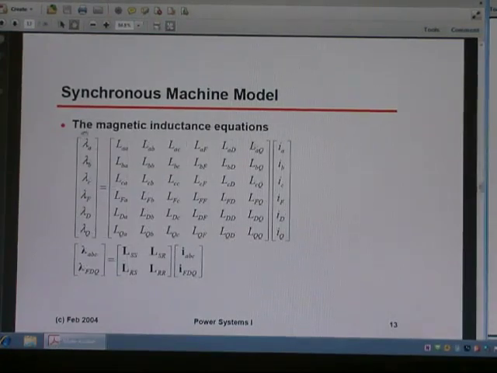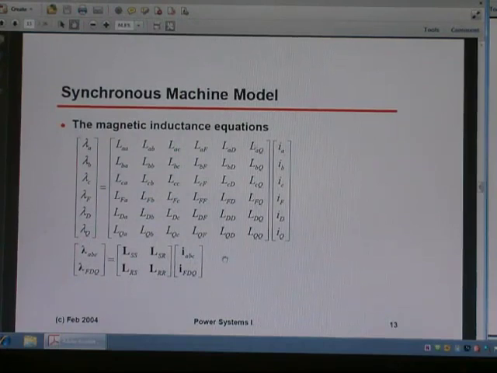So this is the magnetic equation. All the inductances between the line-to-line flow and lines A, B, C, and also from A to field, A to direct, A to quadrature, with currents I_A, I_B, I_C, I_F, I_D, I_Q, and all the linkage fluxes can be represented by the equation. So generally, we write down this summarized form.